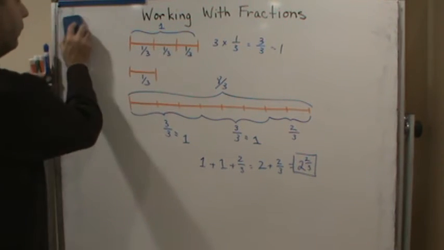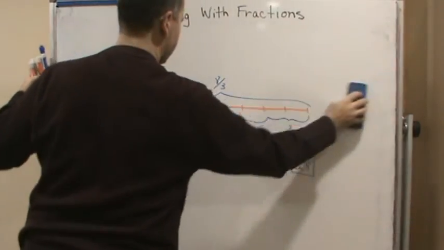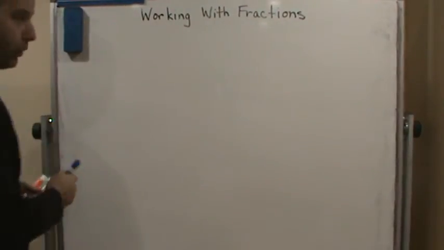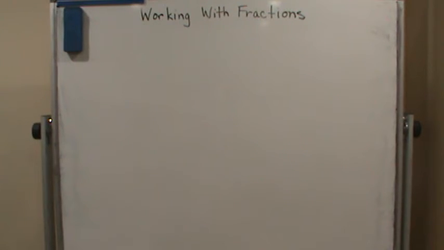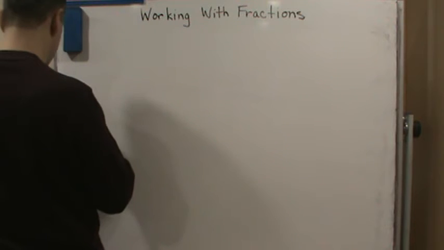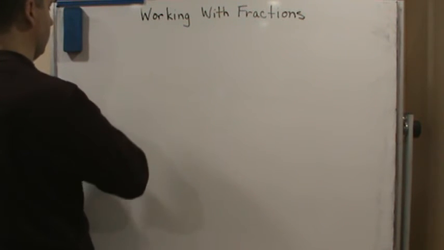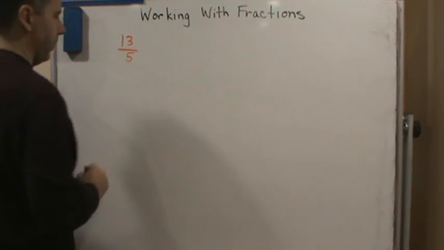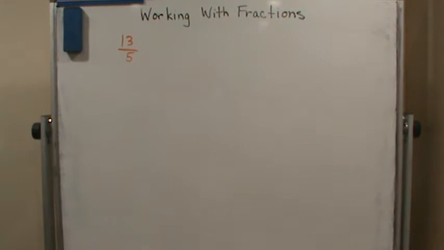Okay, so now, how do we do this when we have a fraction and we don't want to draw pictures? Okay, so let's take this one here. Okay, so we have 13/5, right?